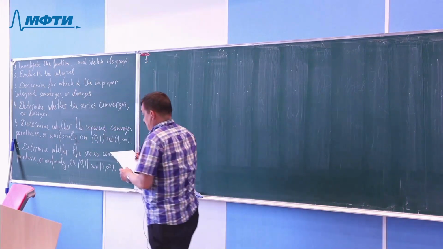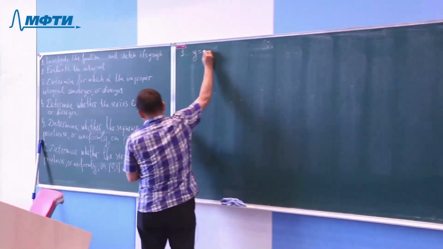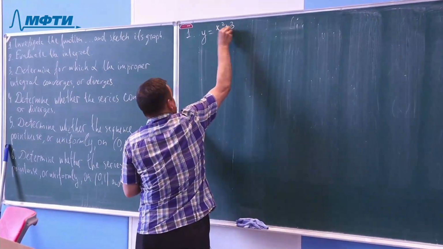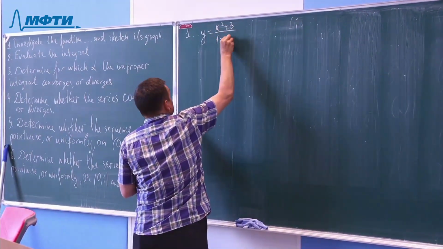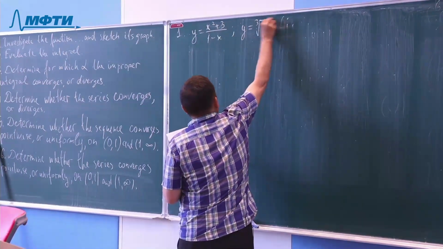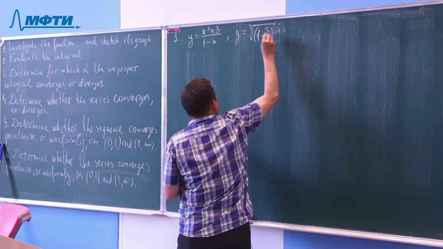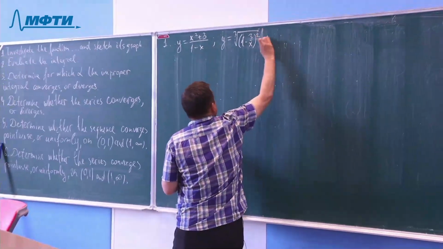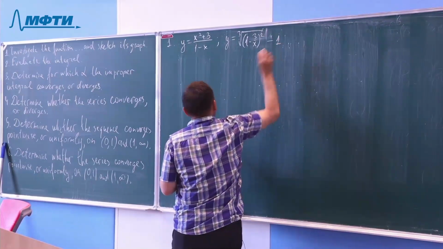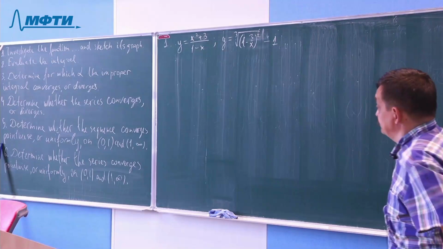So for the first question, let's consider a couple of examples: y equals x squared plus 3 over 1 minus x, and y equals the cubic root of 1 minus 3 over x squared minus 1. Just a couple of examples.